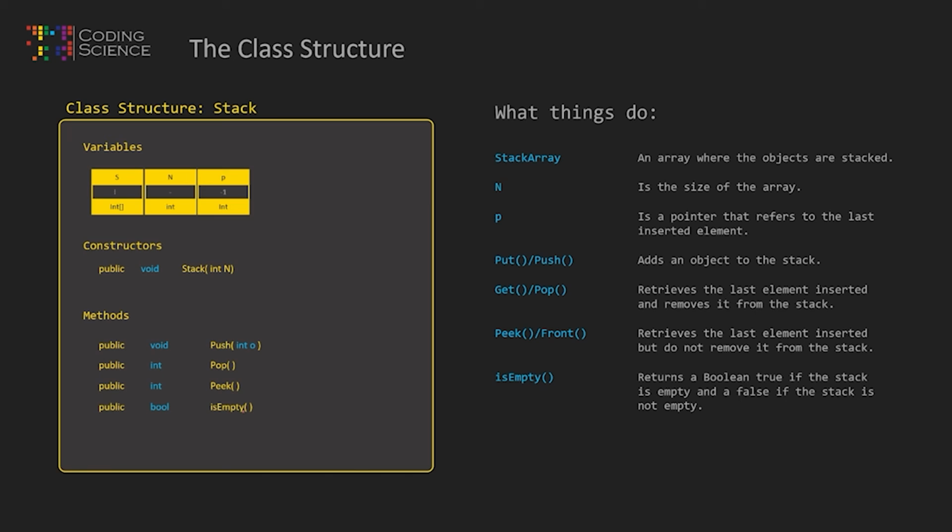The isEmpty function will return true if your stack is completely empty. So here it means if p is -1, so if the stack has no object in it, then it will give you the true value, true or 1. We'll talk a little bit more about why in the example. Now, if there is even one element in your stack, the isEmpty function will give you false or 0.